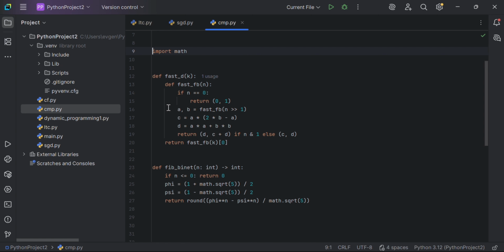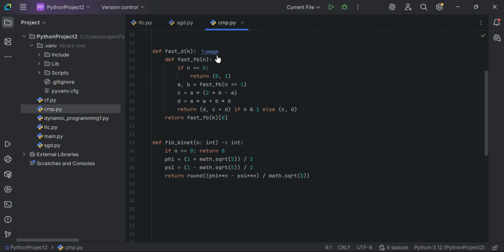Then it uses the recursion, and then it just finds the number by multiplying and subtracting them. Then it again returns two numbers, but at the end it just takes the first. And this algorithm is super fast.